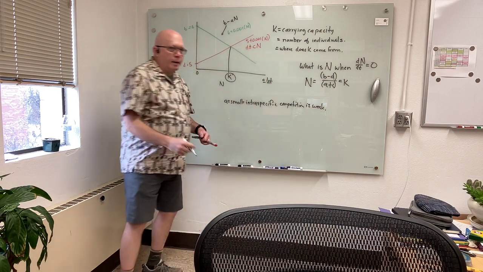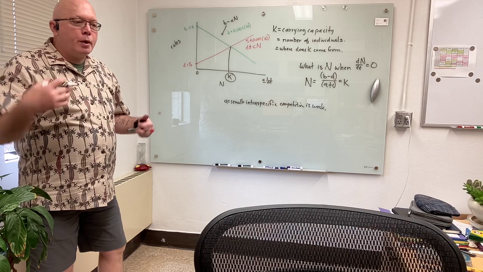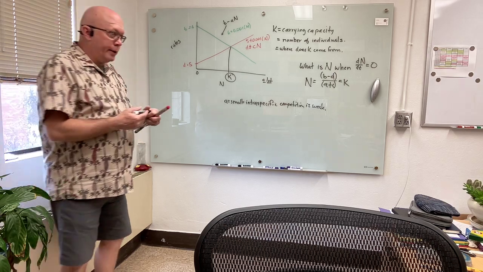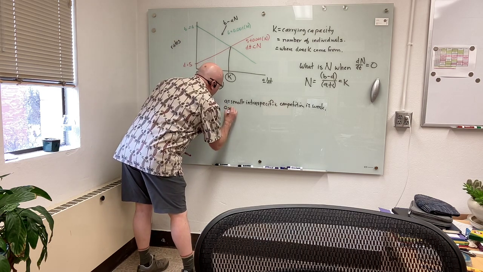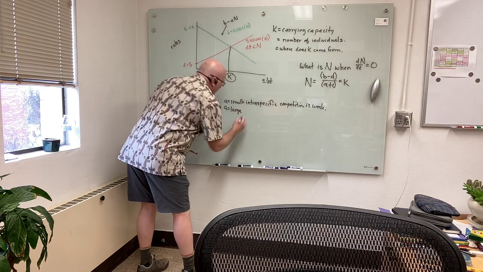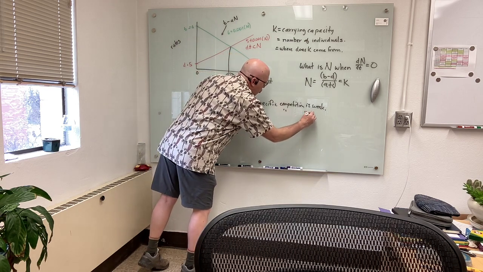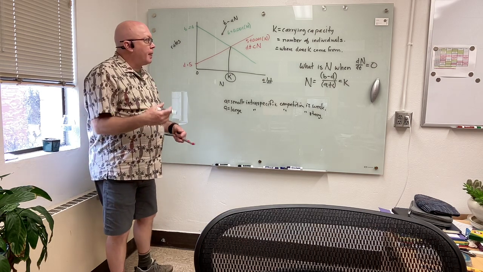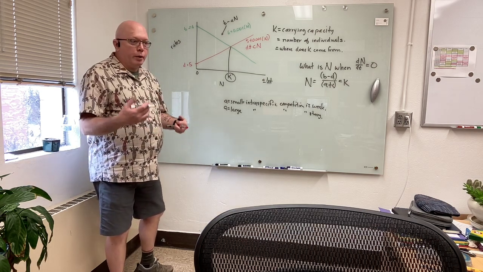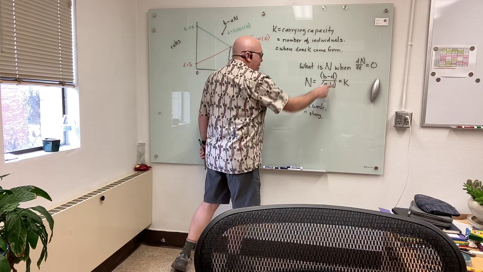What that means is that individuals aren't really competing that strongly for resources, and so you can pack a bunch more individuals on the landscape than you could if A is large, in which case intraspecific competition is strong, resources are more limited, and as a result, you can have fewer individuals. So as A gets big, K gets smaller.